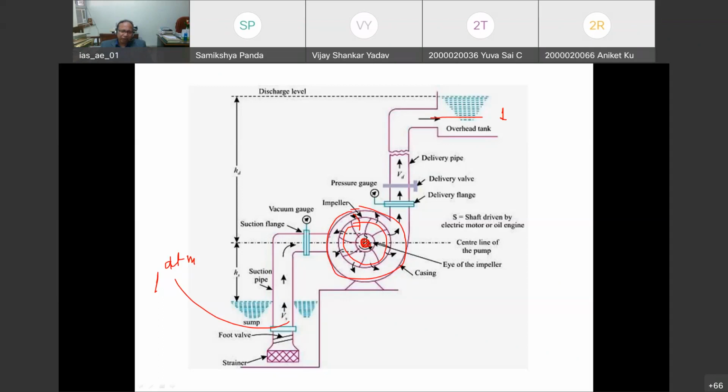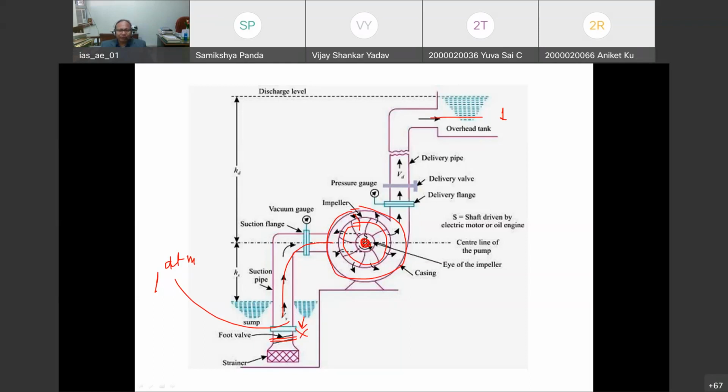In priming, we fill the casing with water so that the casing is full of water, and in the suction line also there will be water, because we are providing the foot valve here. This valve allows one directional flow, so if water is in the suction line, it will not go down because of the closing of the valve.